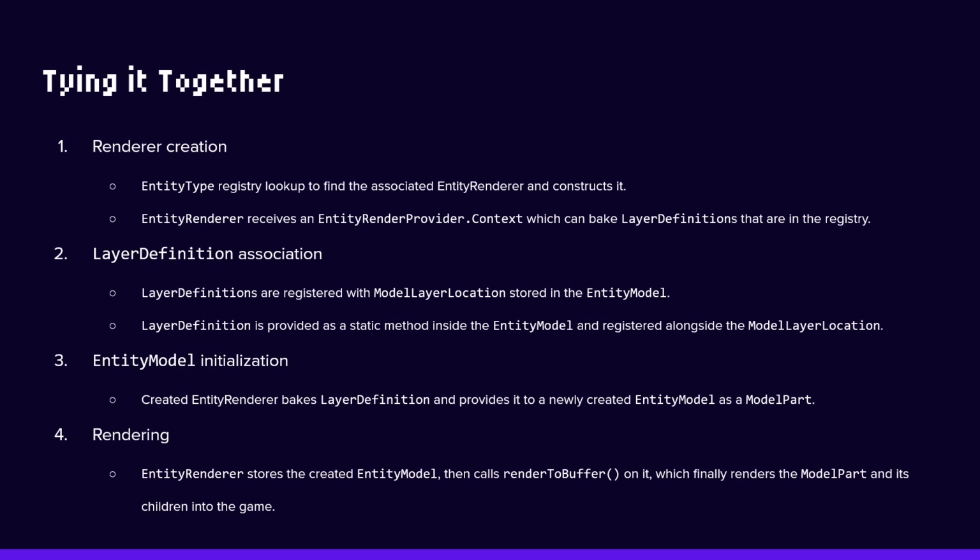The layer definition is provided inside the entity model and then registered with that model layer location, so that associates those two together. And then your renderer creates an entity model by providing it the baked layer definition, and that entity model wraps the layer, it lets you animate it, and then you can render it. So the entity renderer stores that model and calls render to buffer, which displays it in the game.